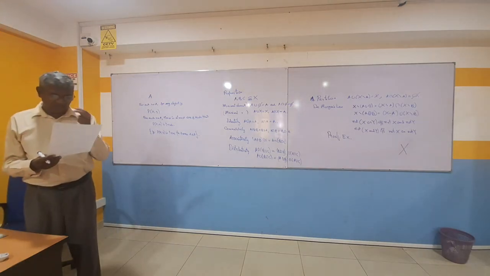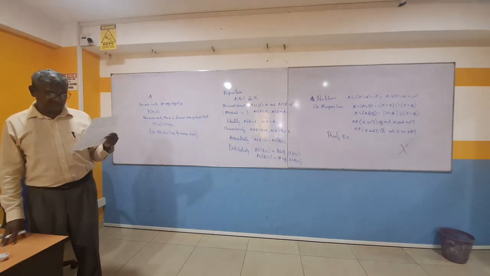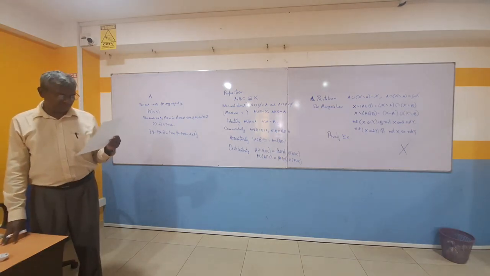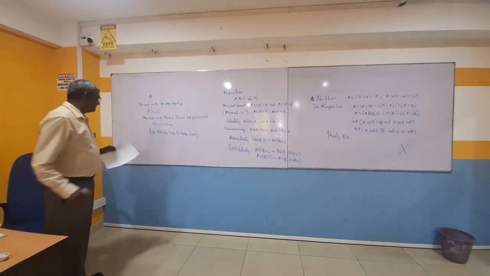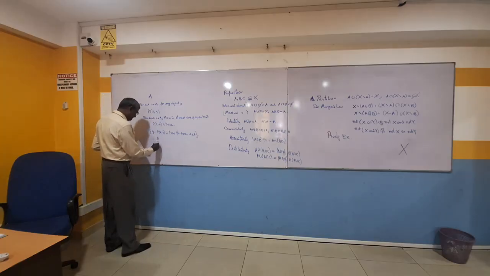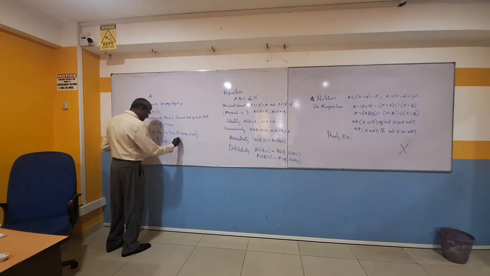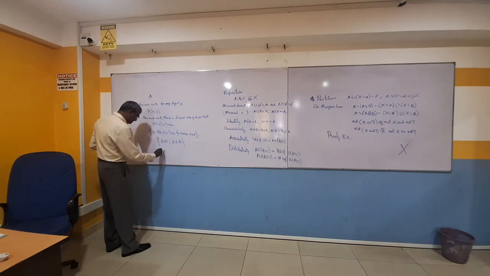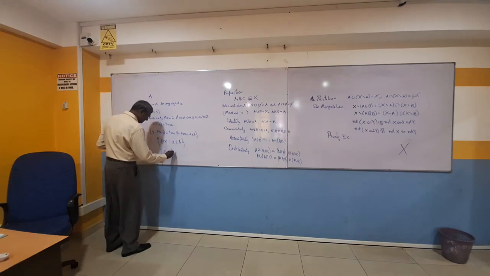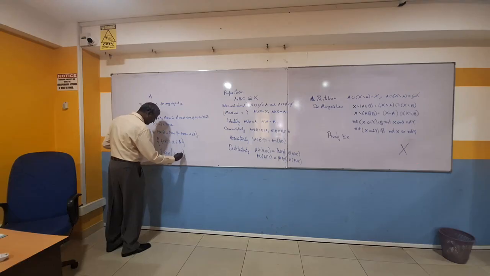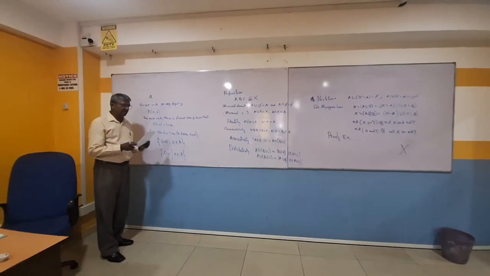We abbreviate a set of this form, the set of all y such that y is equal to f(x) for some x belongs to A, as the set of all f(x) such that x belongs to A. By the way, I always write it this way, but some people write the set of all f(x) with a vertical bar and then x belongs to A. This is another way of writing such that in a set.